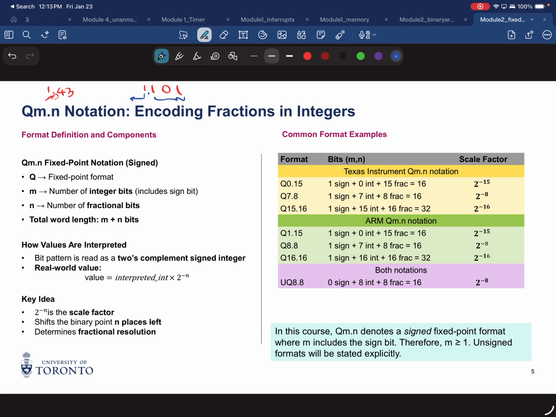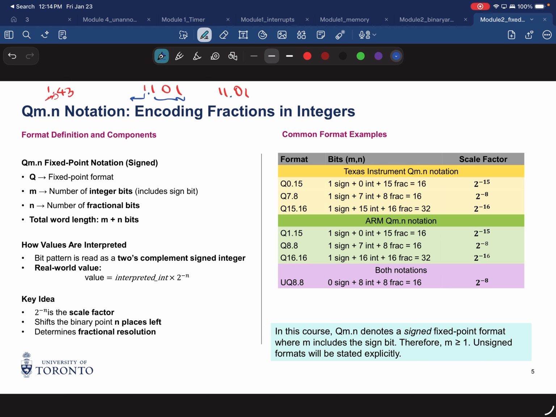Or I could be saying the same number, but now 2 bits are the integer and 2 bits are the fractional. And these are two completely different numbers. When we interpret them in decimal, they're completely different, okay? But you have the option of declaring where you want this binary point to be.